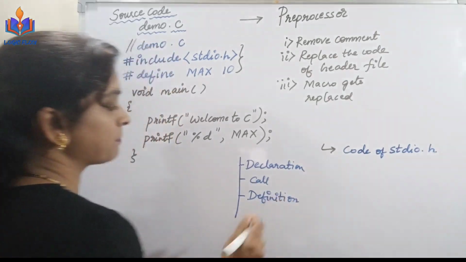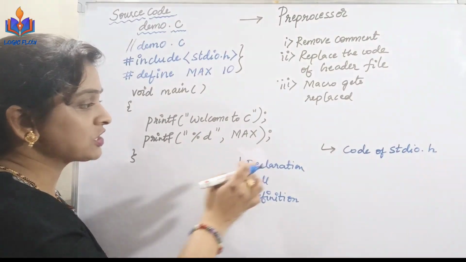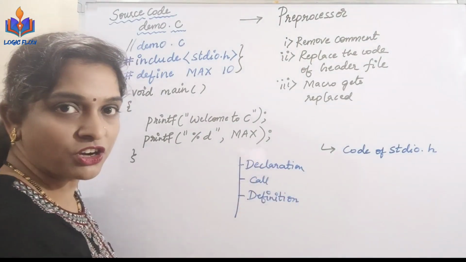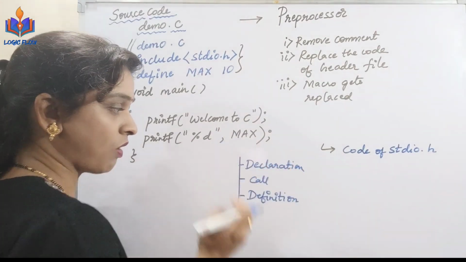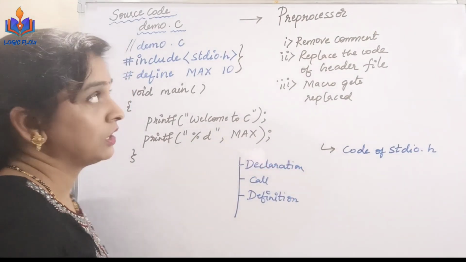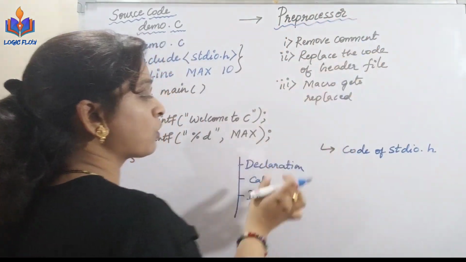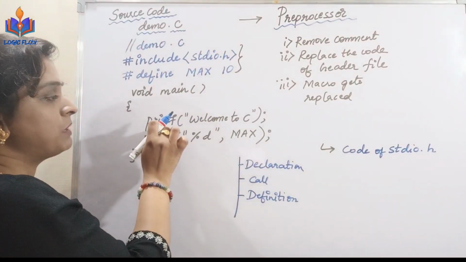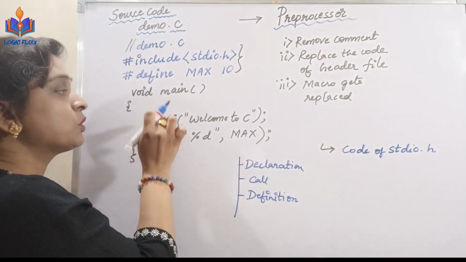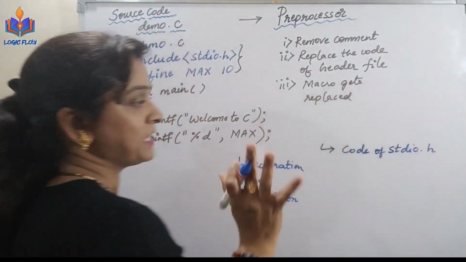This is a built-in function, but not only built-in functions, even user-defined functions will have a function declaration, function call, and function definition. What the preprocessor will do is replace the code of the header file. We have included this header file for the inbuilt function printf, so I need to declare this function. So the code of stdio.h will be replaced there.